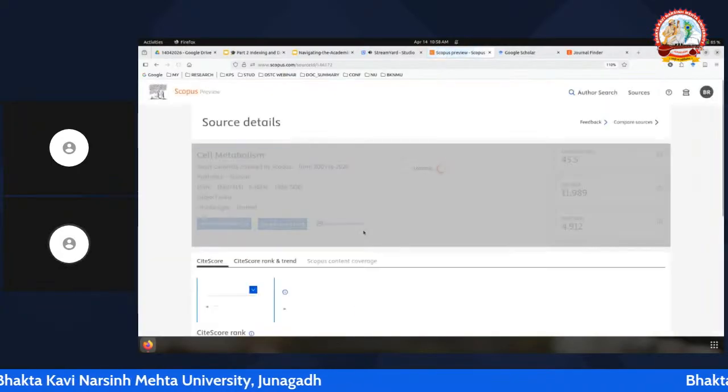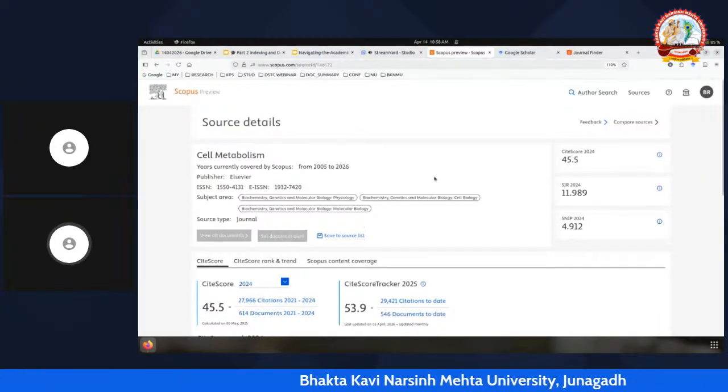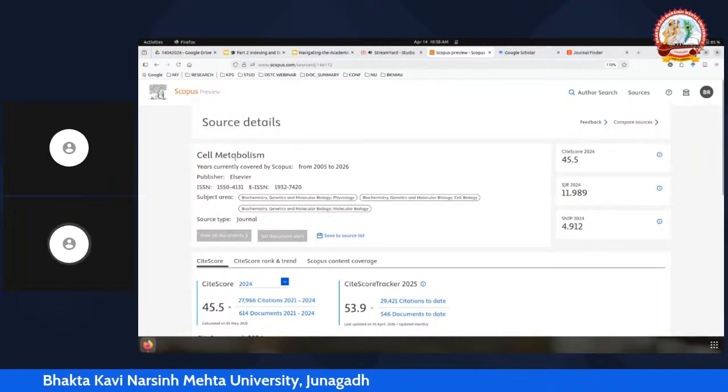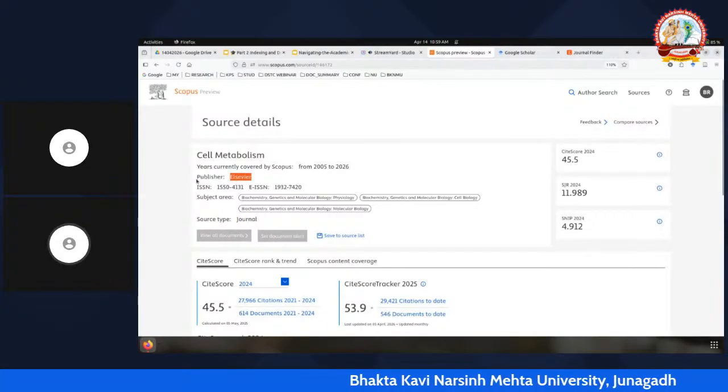Click on that. You can directly find a page with a structure. We have information for this particular journal. Right? This is the journal. Who is the publisher? We have information related to the publisher.